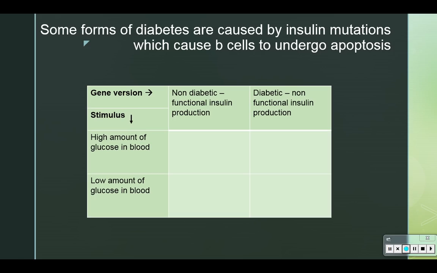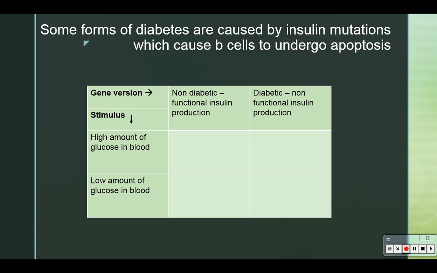Because of these insulin mutations, the insulin, which is a protein, has a different shape, and it causes the cell to undergo apoptosis. Apoptosis is when cells blow themselves up because something's wrong with them. So this would be another reason a cell would self-destruct, because there's an insulin mutation, and it's getting stuck in the endoplasmic reticulum as it's being made, and so then the cell blows itself up. Don't worry about that much detail, but the idea being some forms of diabetes are caused by an insulin mutation.